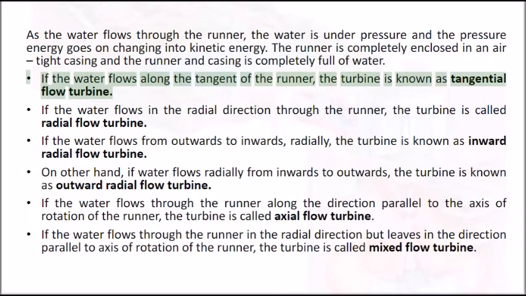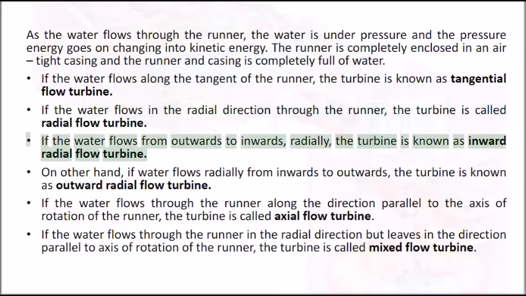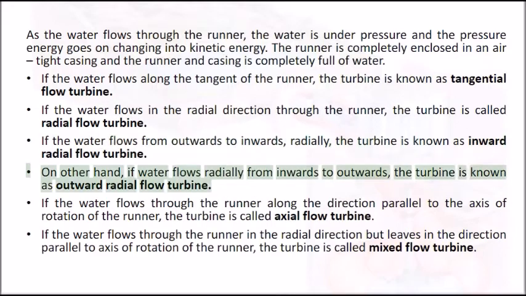If the water flows in the radial direction through the runner, the turbine is called radial flow turbine. If the water flows from outwards to inwards, radially, the turbine is known as inward radial flow turbine. On the other hand, if water flows radially from inwards to outwards, the turbine is known as outward radial flow turbine.